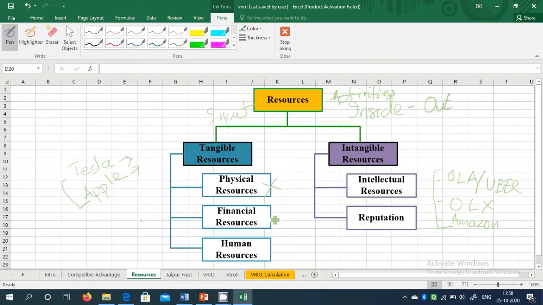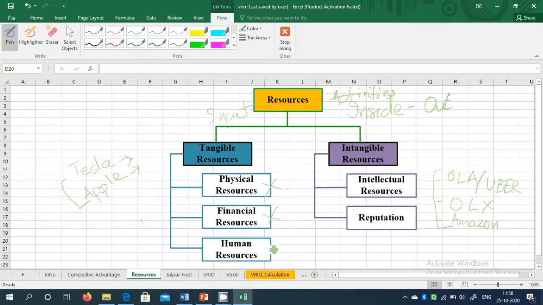Financial resources, meaning the current ratio or debt equity ratio you are maintaining, your competitors, the same players in the market, can also adopt the same type of thing. So this will not be something very unique to you.